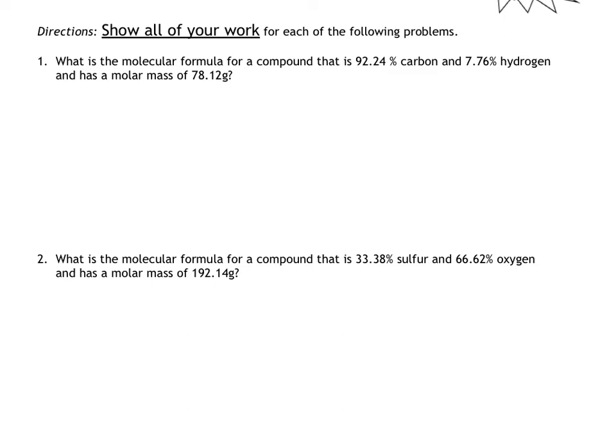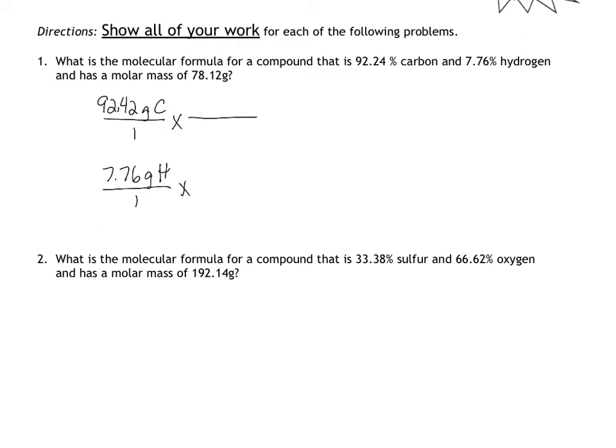Again, we're going to go percent to mass. So this is going to be 92.42 grams of carbon. Throw it over 1. And the next one is 7.76 grams, percent to mass, of hydrogen. Putting it over 1. Now we need to do the mass to moles.